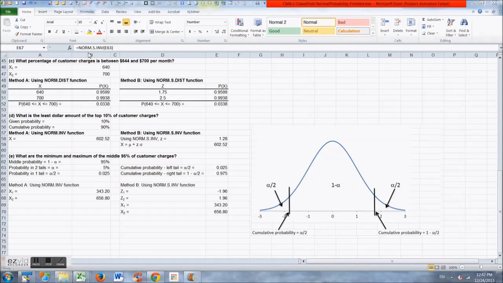We have norm.s.inv of E63 that gives us the first z value for the left tail, and then E64 the z value of the right tail, and then mean mu plus z times sigma for the left, and then mean mu plus the z value for the right tail times sigma gives you the same answer like in the previous case.